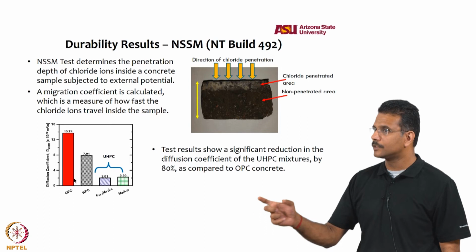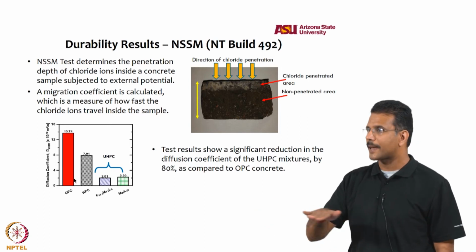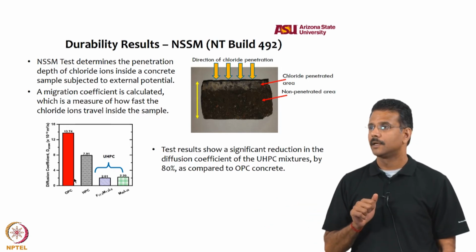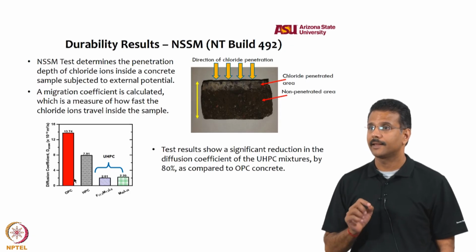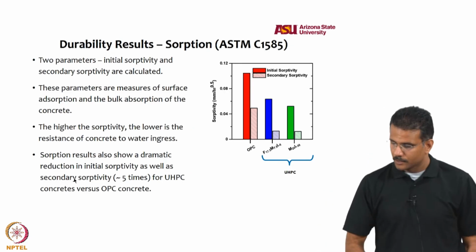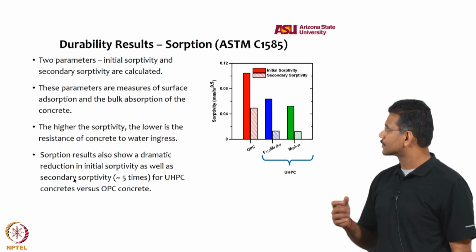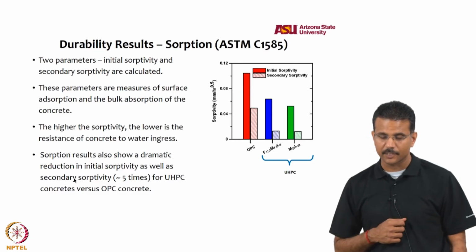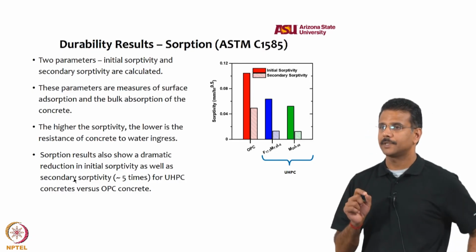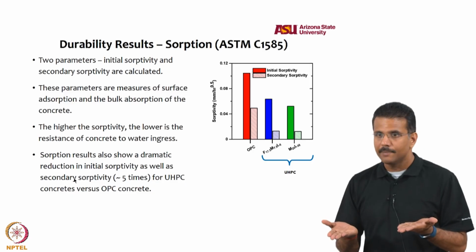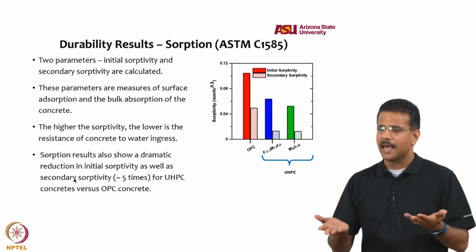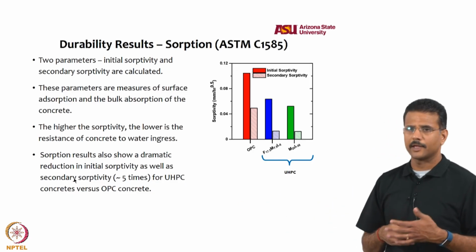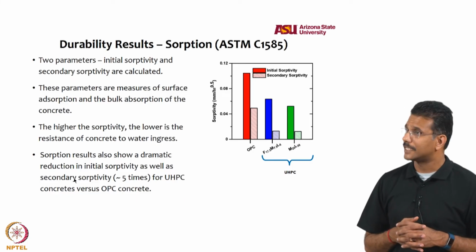You have to do a few tests to get the spectrum of durability enhancements in the material rather than just one test. Sorption, or water transport, also shows similar relationships. You can measure initial sorptivity, which is the water intake over the first 6 hours, and then the long term sorptivity that you measure for 10 or 14 days.